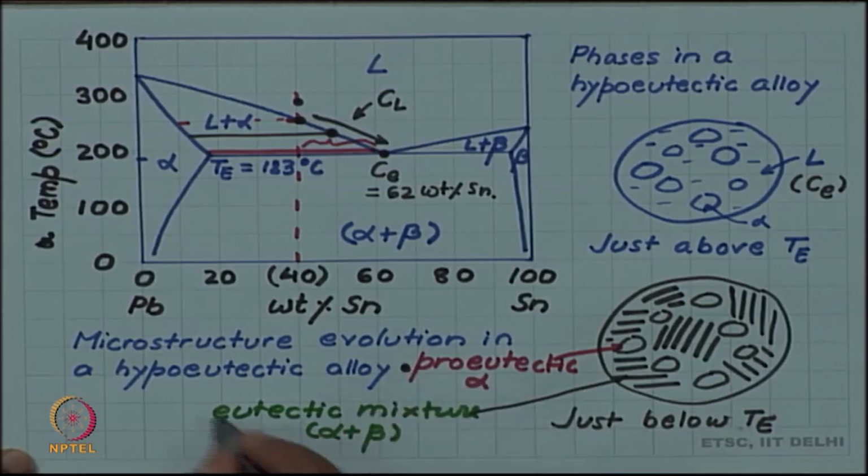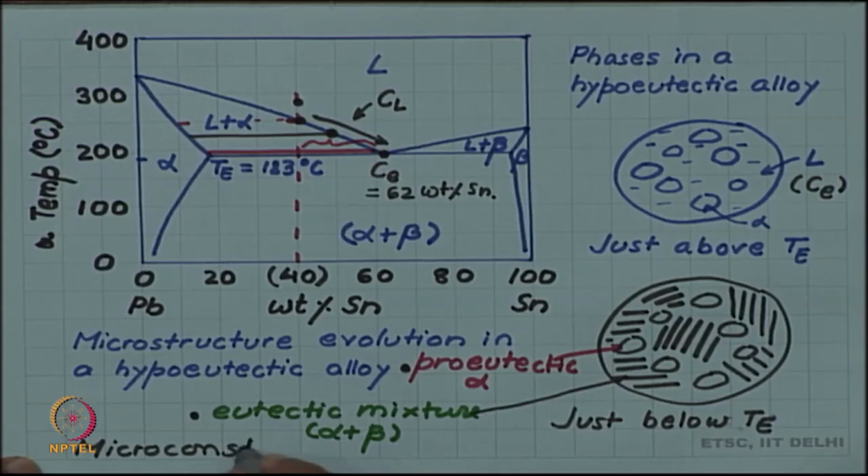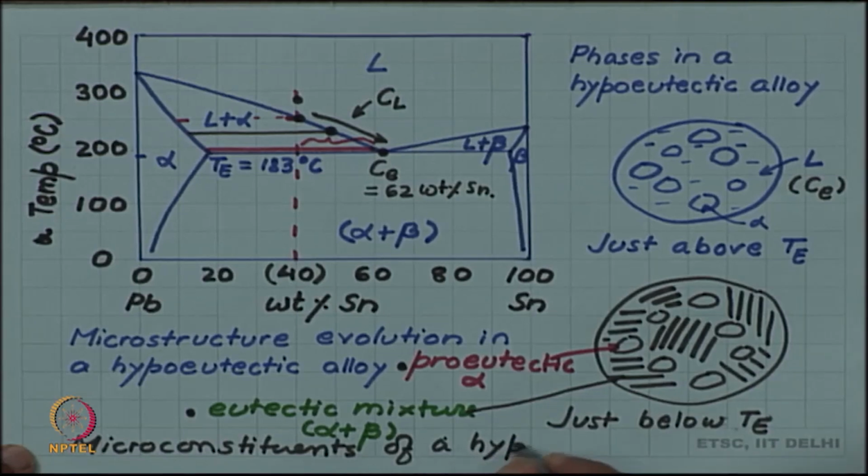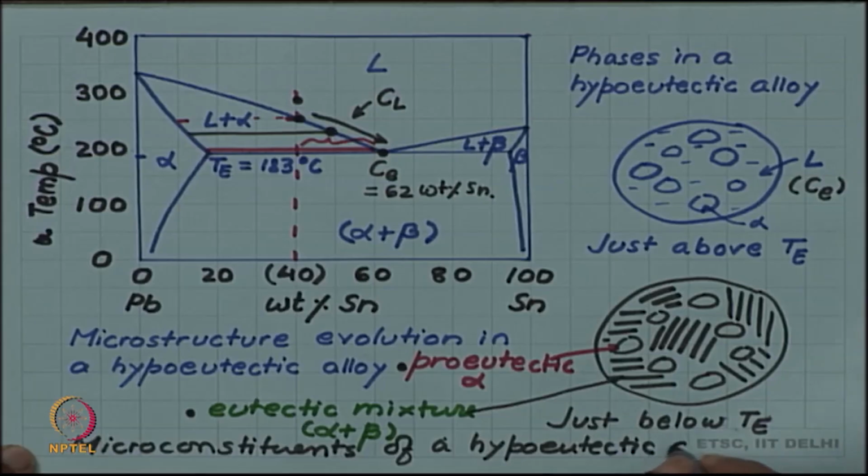So, this and this are microconstituents of a hypoeutectic alloy.